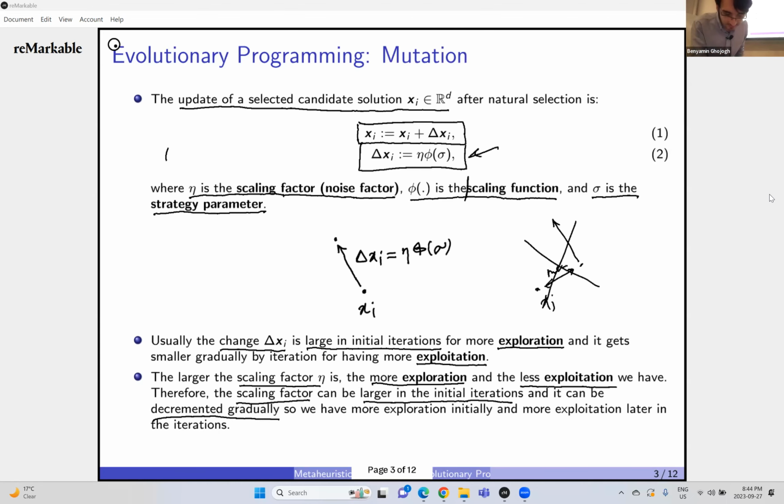If I say my current update is this plus some beta times the previous update, this is the momentum term, right? So I have a log of my previous delta X, and I'm using that.